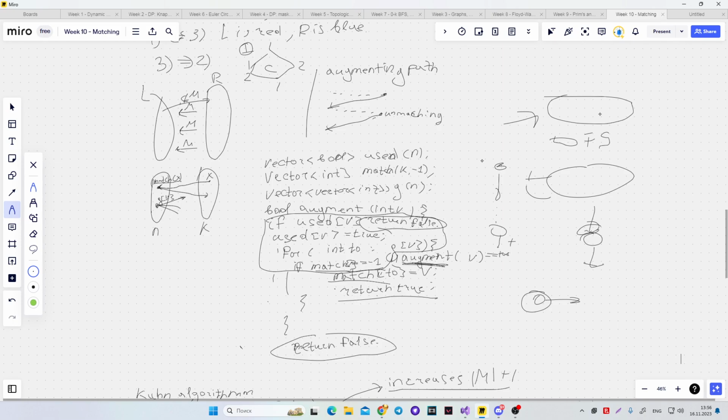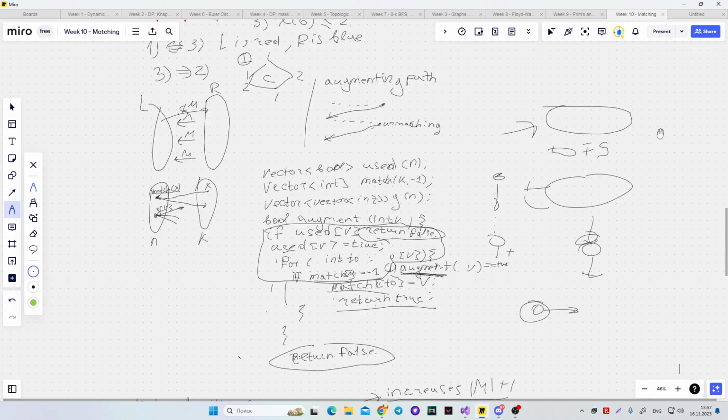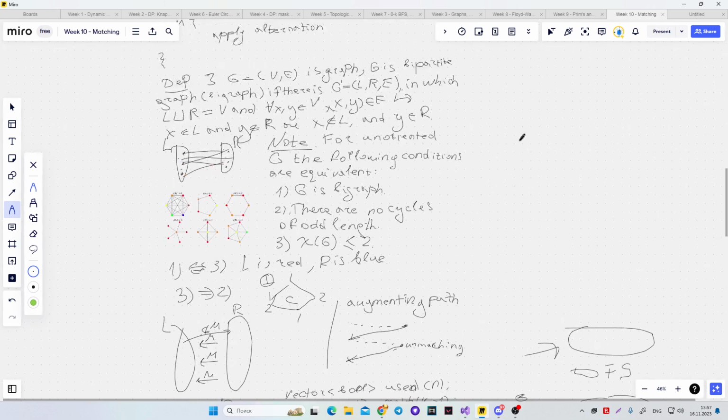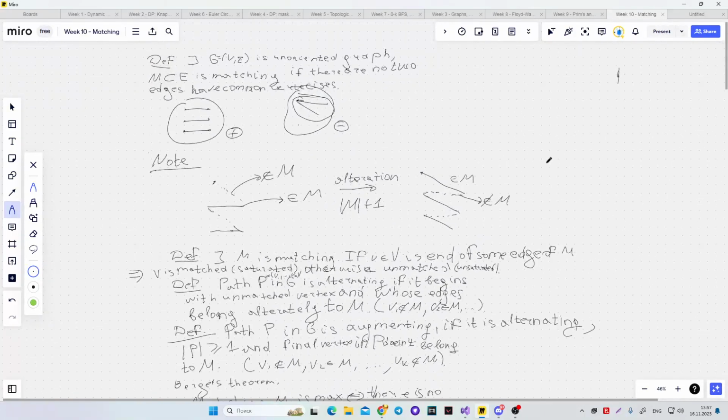Here we check whether this current vertex was considered before or not. If it was considered, we return, and on exit we apply the alternation when we find an augmenting path.